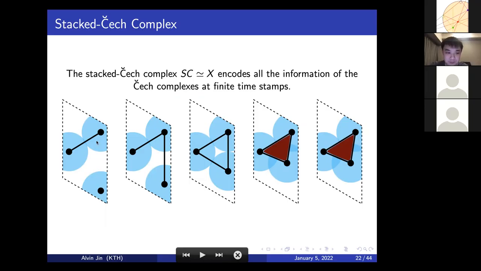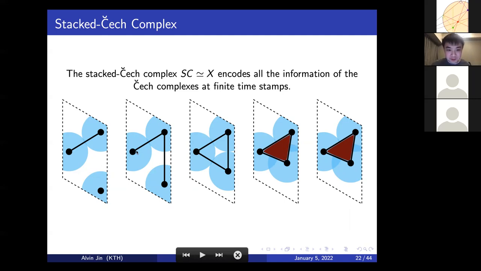For example, at the first square on the left, there's a segment connecting these two circles, and there's a point here on the lower right-hand corner. Move a little bit forward in time, and I have two segments. And a little bit further, I get a triangle. And then all three balls intersect, and I get this filled-in triangle.